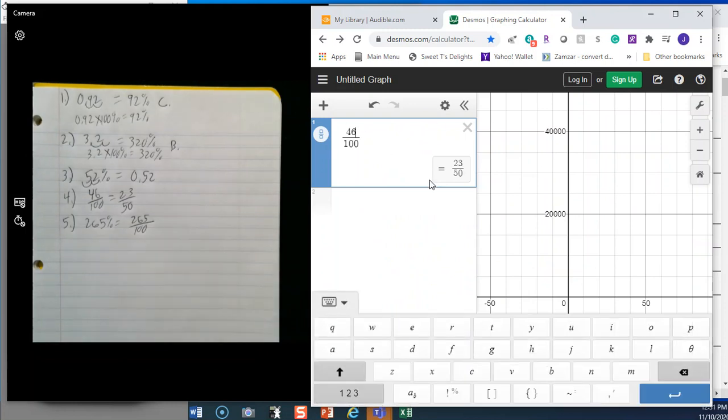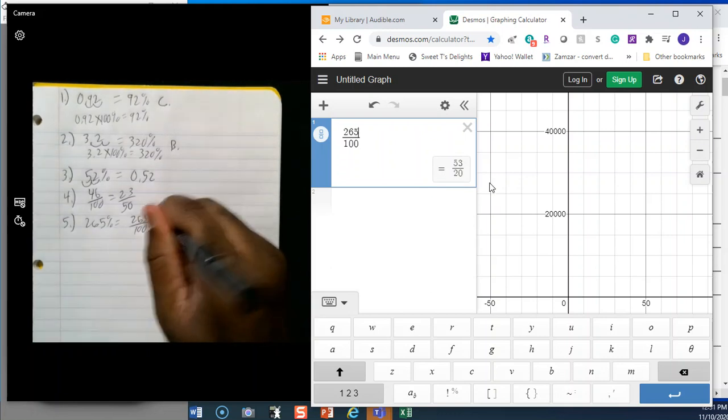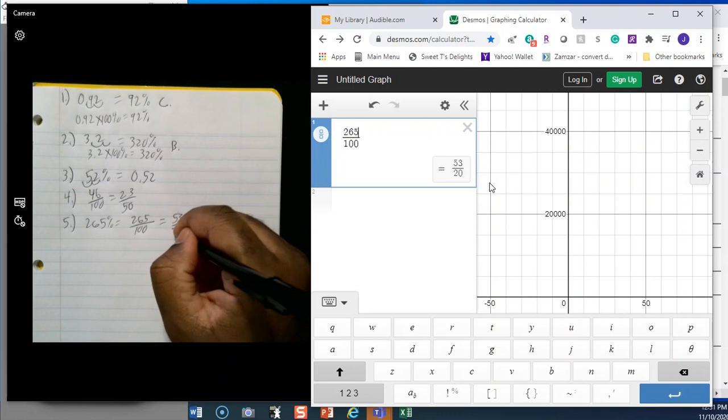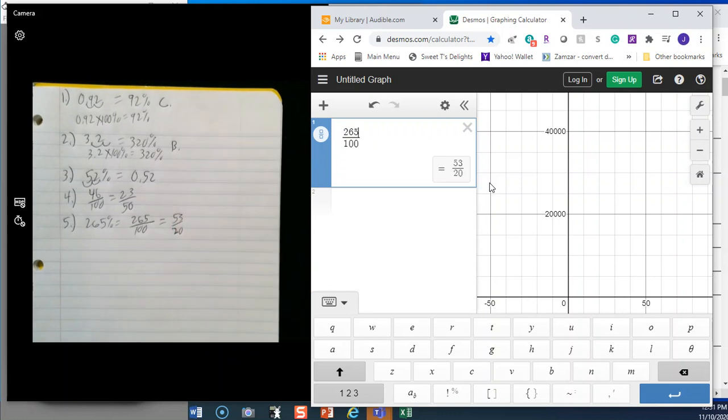We could type in 265 over 100. It gave us 53 over 20. Now this is simplified all the way. So you can leave it as 53 over 20, or if you have to write it as an improper fraction, this is what you could do.